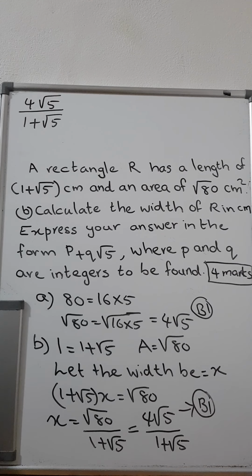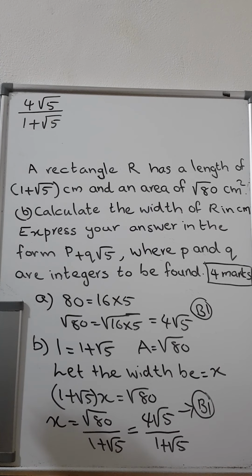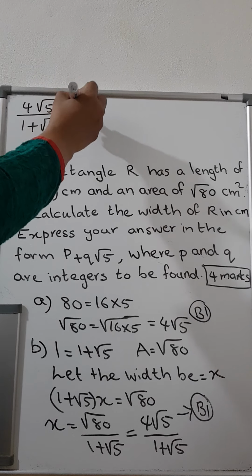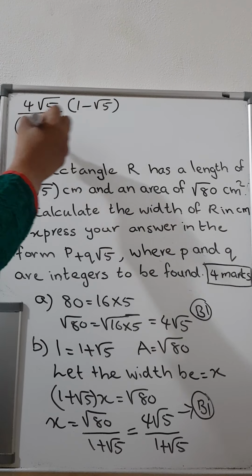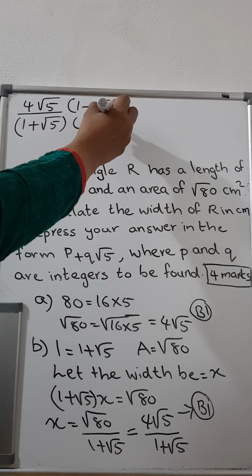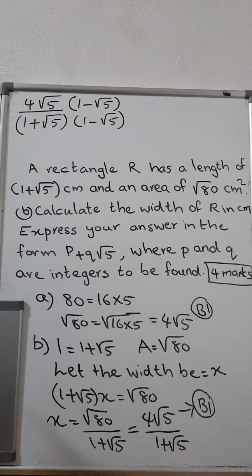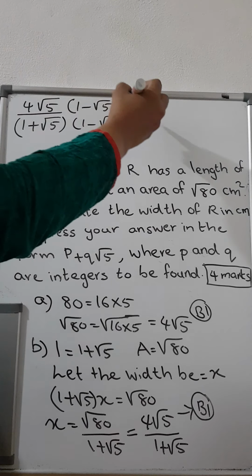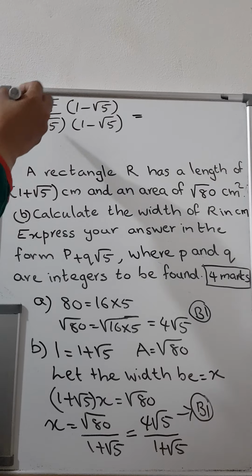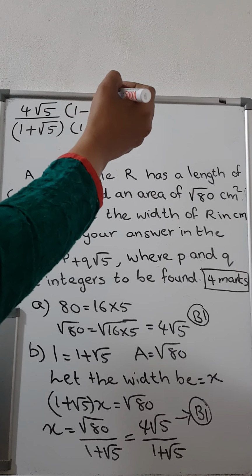To simplify it, what we have to do? We have to multiply top and bottom with 1 minus root 5. That means we have to rationalize the denominator. For that we have to multiply numerator and denominator with 1 minus root 5. See, now we can simplify it. 4 root 5 times 1.